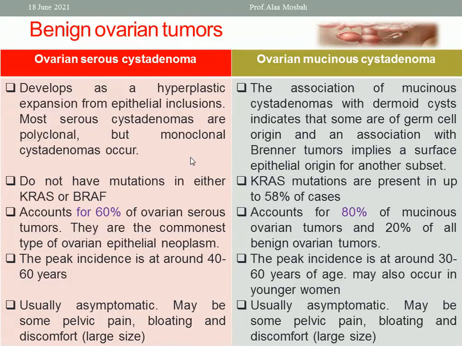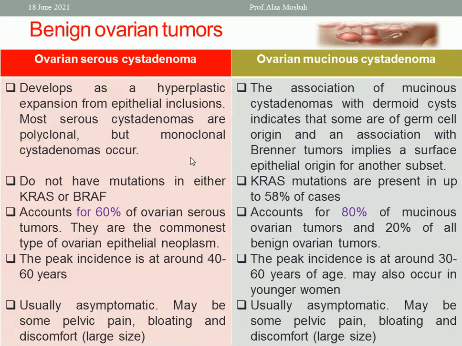What about the gene KRAS mutation? It is present in 58% of cases. Okay, what about the incidence of ovarian mucinous cystadenoma? 80% of mucinous ovarian tumors are ovarian mucinous cystadenoma, and it is 20% of all benign ovarian neoplasm.